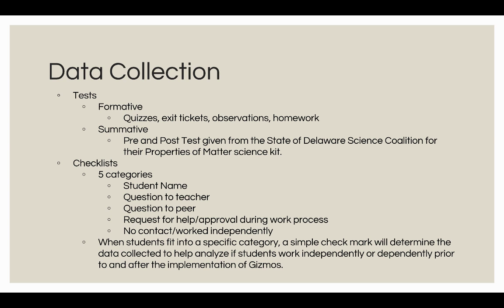I will then look at that data and see if there was a difference between my control group, the students that do not receive the Gizmo application, and my dependent group, the students who do see the Gizmo application. When students fit into a specific category, I'll simply check and determine the data collection, and I will see if the implementation of Gizmos actually increases student independence.